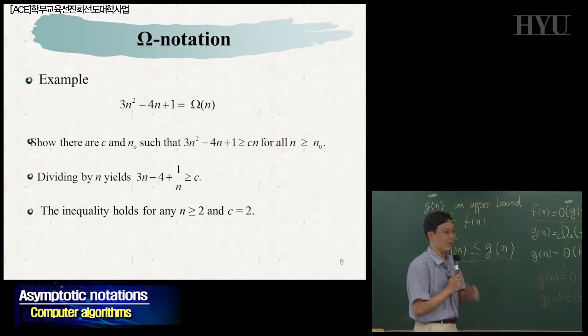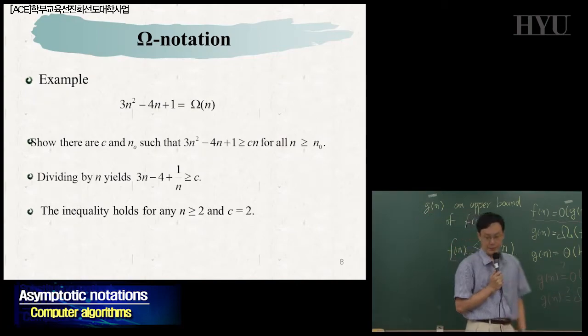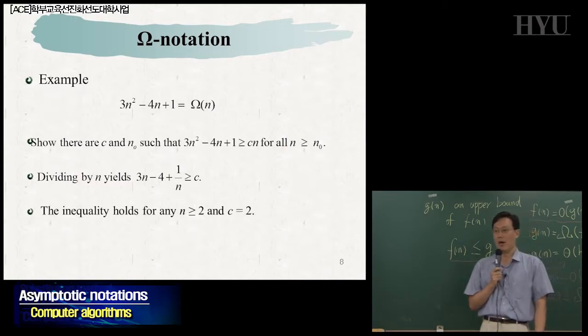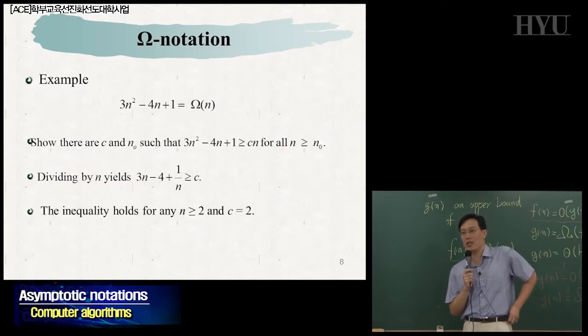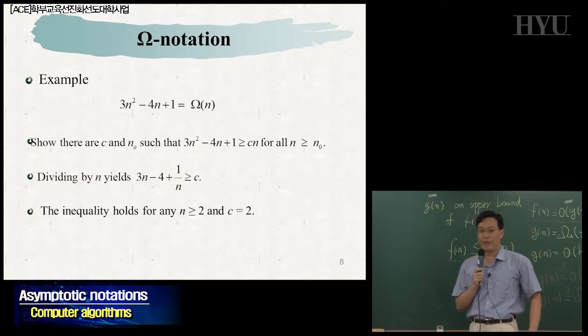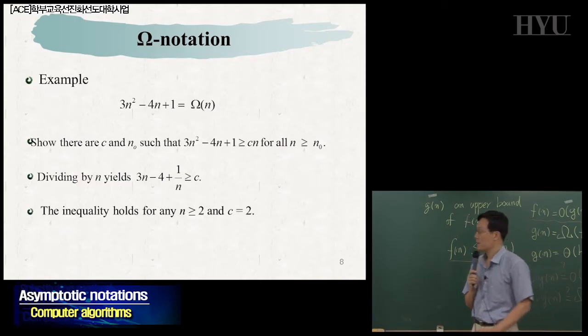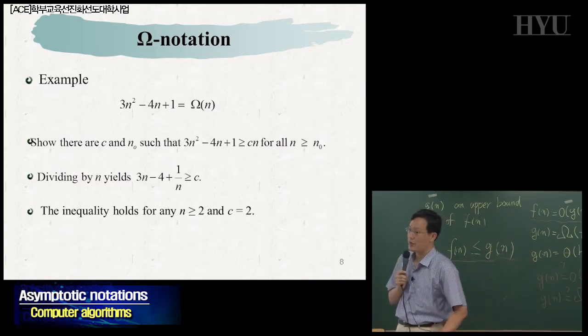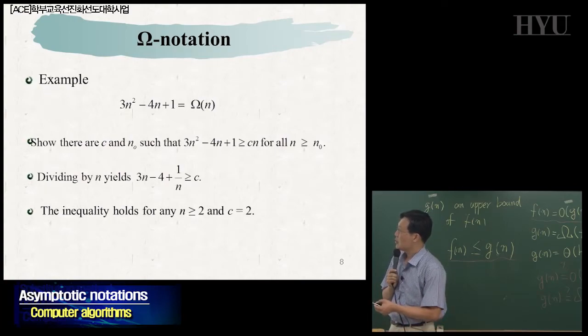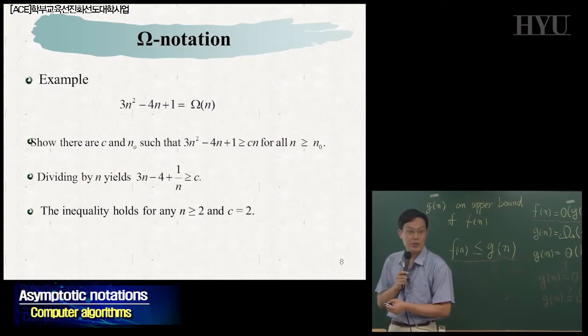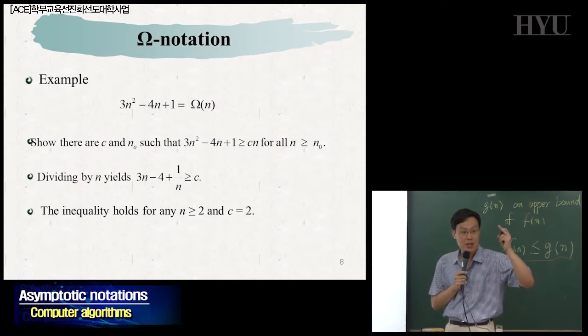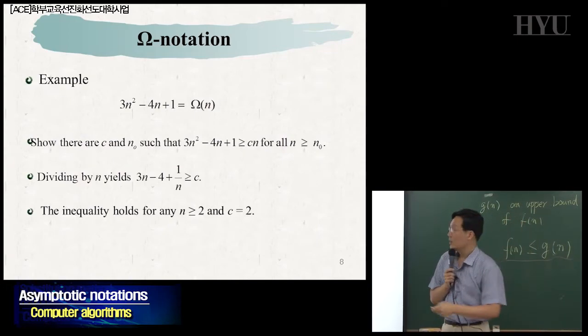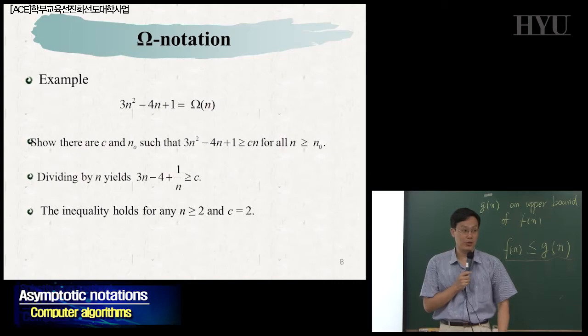Let's see another example. 3n squared minus 4n plus 1 is omega of n. A simple observation is that this is a quadratic function and its highest degree is 2, and this is a linear function, so its highest degree is 1.